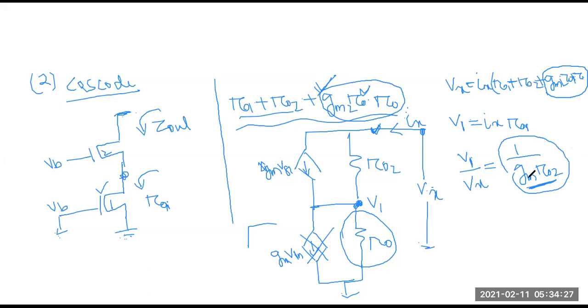So now the gain is very, very small. It is at least 10 to 100 times less. If you fluctuate 100 millivolt here, you will get 1 millivolt here. That is the biggest advantage.